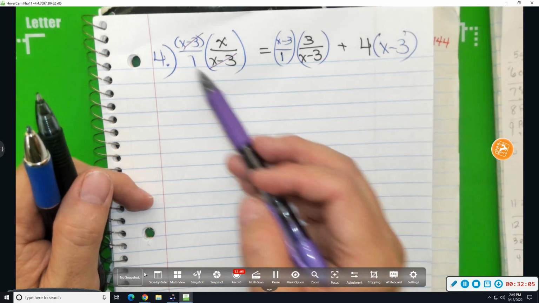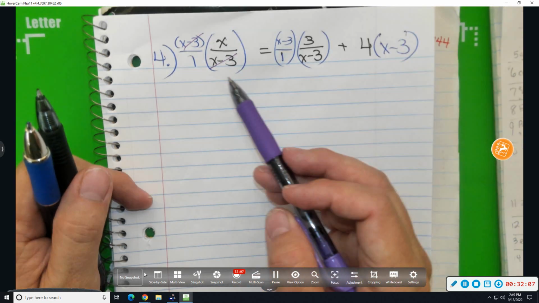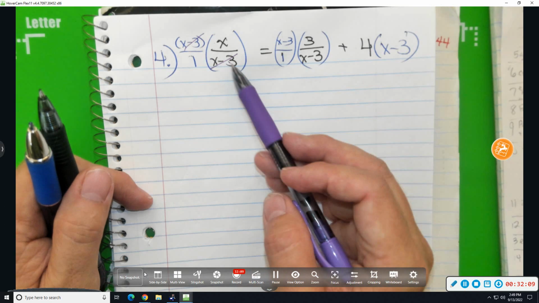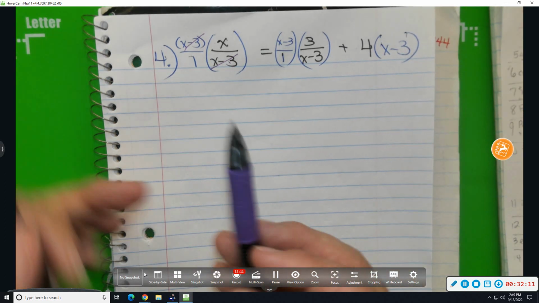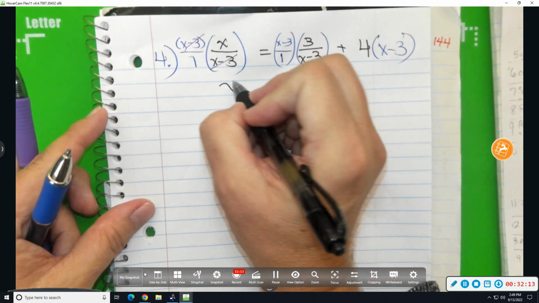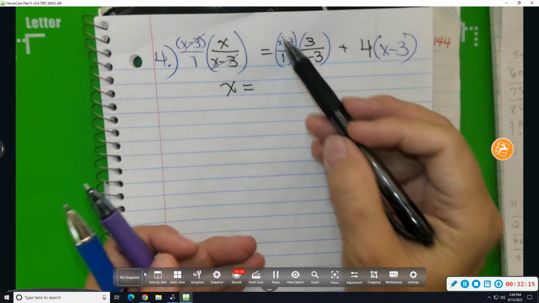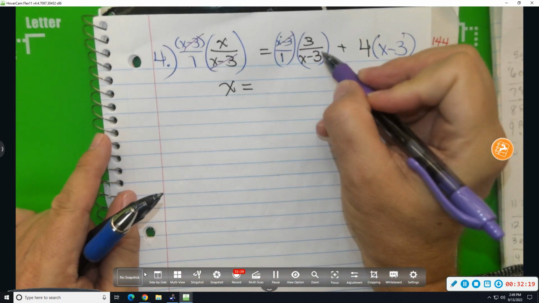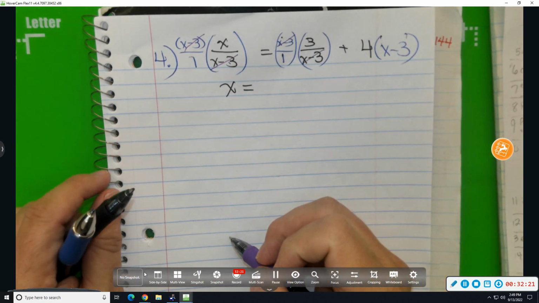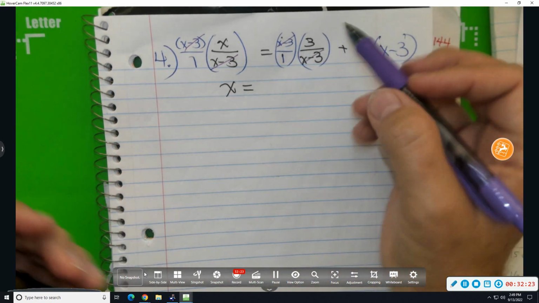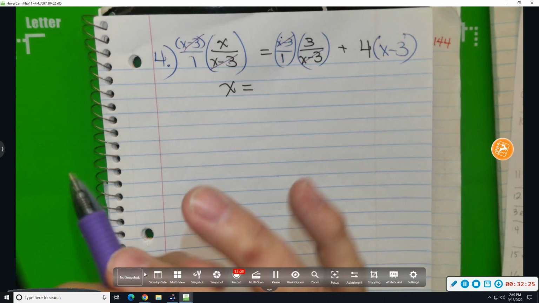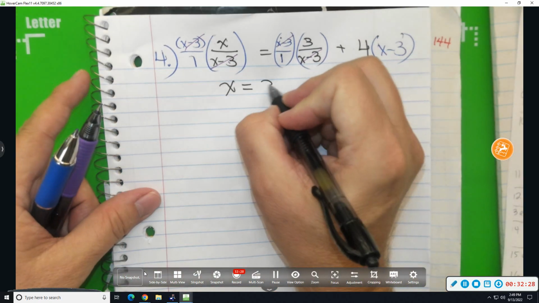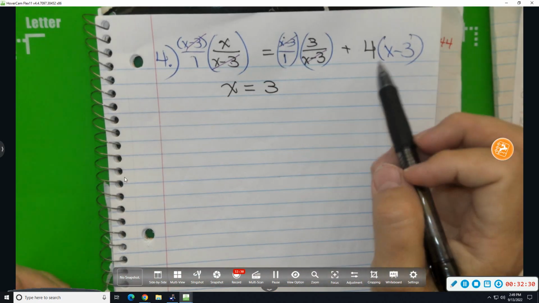What have we got here? When we cancel the x minus 3's, what are we going to be left with? X equals, and when we cancel the x minus 3's here, we're left with just the 3. The 3 over 1 is just a 3, so I don't even show that, just as x over 1 is an x.